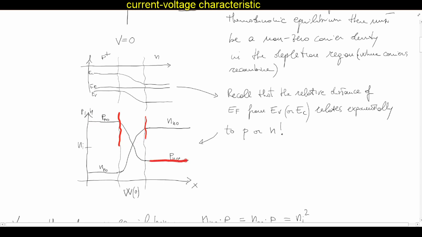Very little, much below n_i, the intrinsic level. By reading the distance between the Fermi level and the valence band, I understand that the hole concentration here is high, high, high, starting to decrease a lot now, quite a lot. Here it is very little. I'm reading the energy diagram.